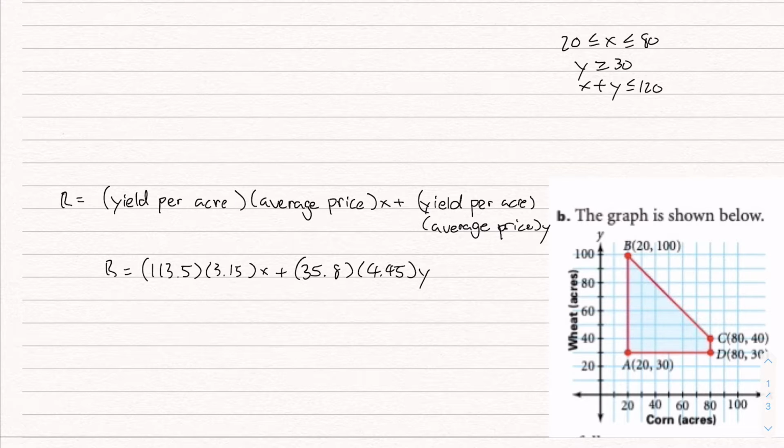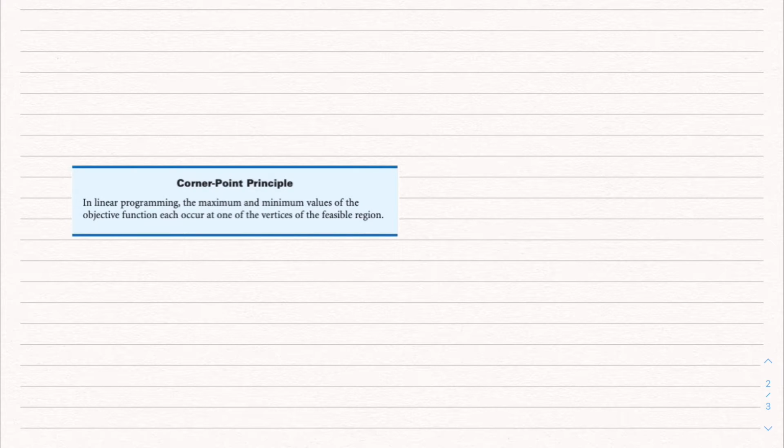We simplify to R is equal to 357.525x plus 159.31y. Corner point principle: in linear programming, the maximum and minimum values of the objective function each occur at one of the vertices of the feasible region.